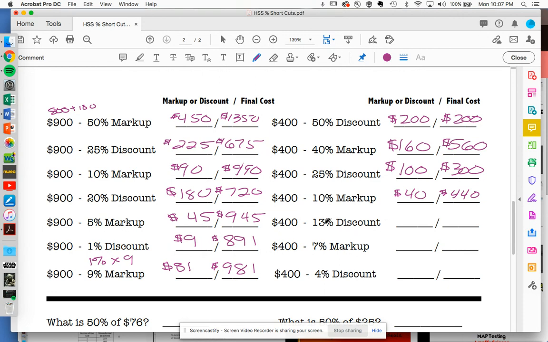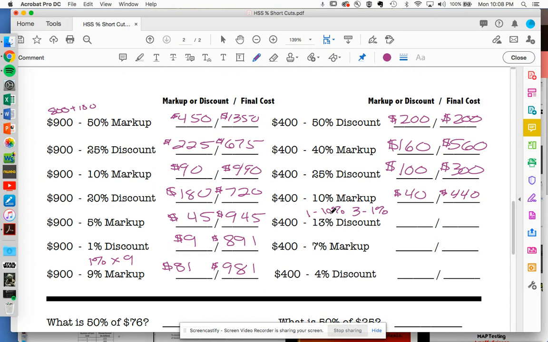Now, how do we do 13%? Well, here's the deal. You could do 1% times 13, but do you know your 13 multiplication facts? Probably not. So what we can do is find one 10% and then three 1%s. Notice if I had one dime and three pennies, would I have 13 cents? You bet.